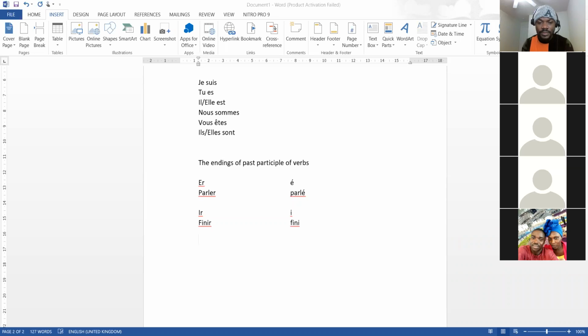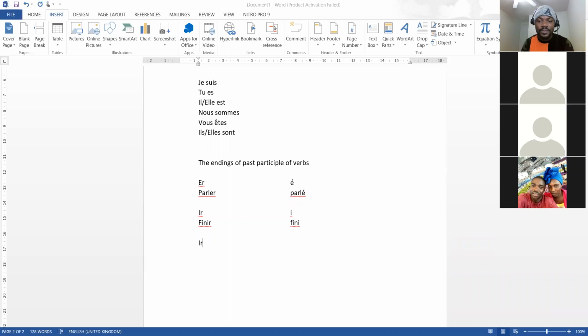But there are cases of some other verbs that end with ir, but the past participle ends with u. Example, we've taken devenir, or let me just take venir, because from venir, that's when we have devenir. Venir, the past participle is venu. So this is to come.